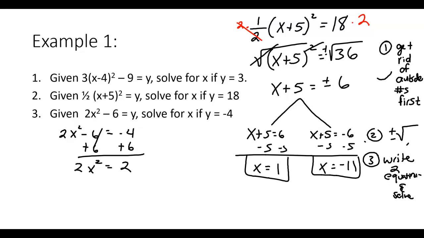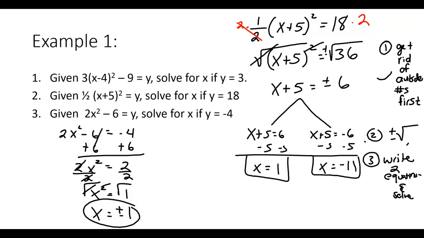So I want to get rid of that 2 first. Now what? Now you do the square root. Yeah. What would the final answer be? Plus and minus 1. Square root of 1 is 1.